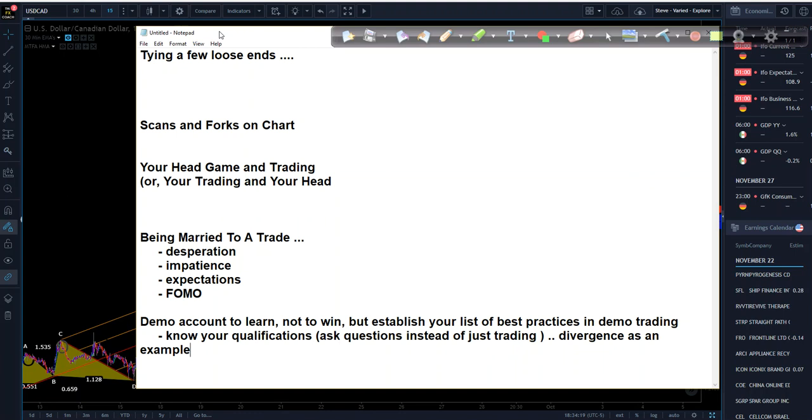And when that's the case, your results are going to be terrible. So make sure you understand the difference between a selected trade that meets your criteria and lottery ticket trading. There's a thin line between that and experimentation, like I said.